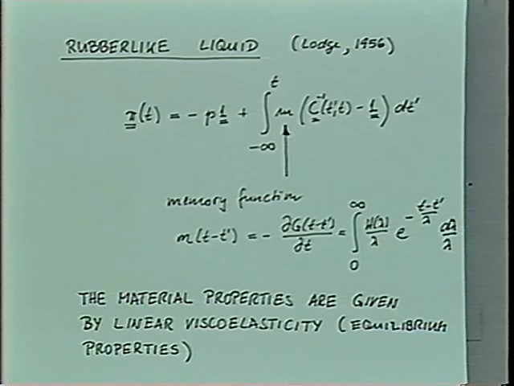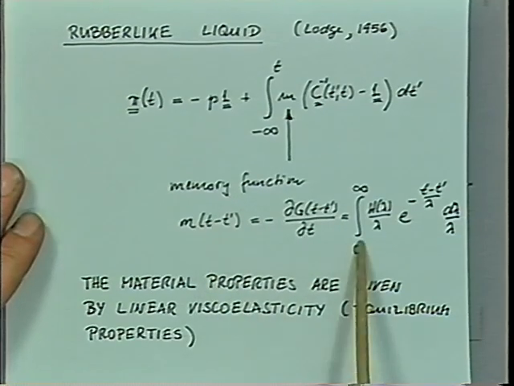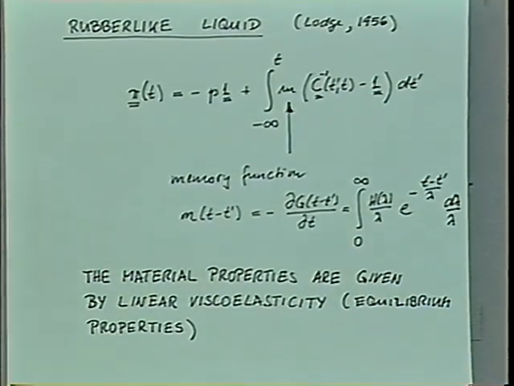In the case of the Lodge model, the material structure is in equilibrium at all times, and therefore the relaxation spectrum of linear viscoelasticity can be used to describe the memory function completely. So we're talking about large strain behavior or finite strain behavior in a material which has still equilibrium properties from a molecular point of view.